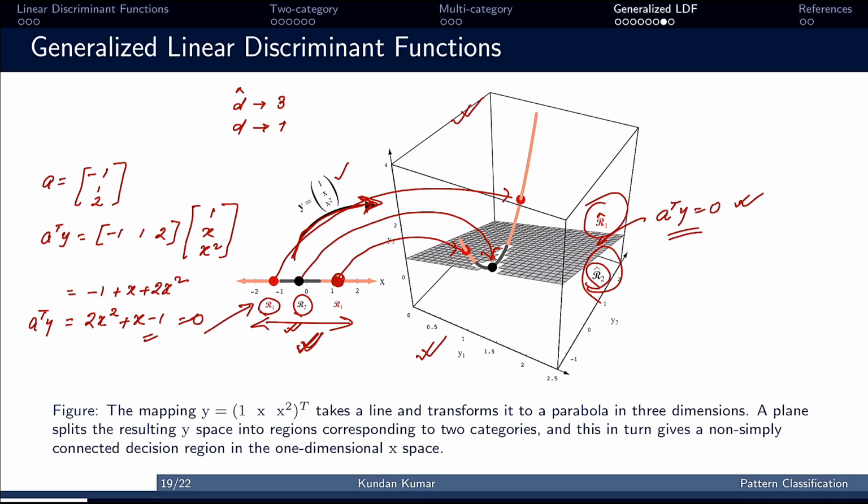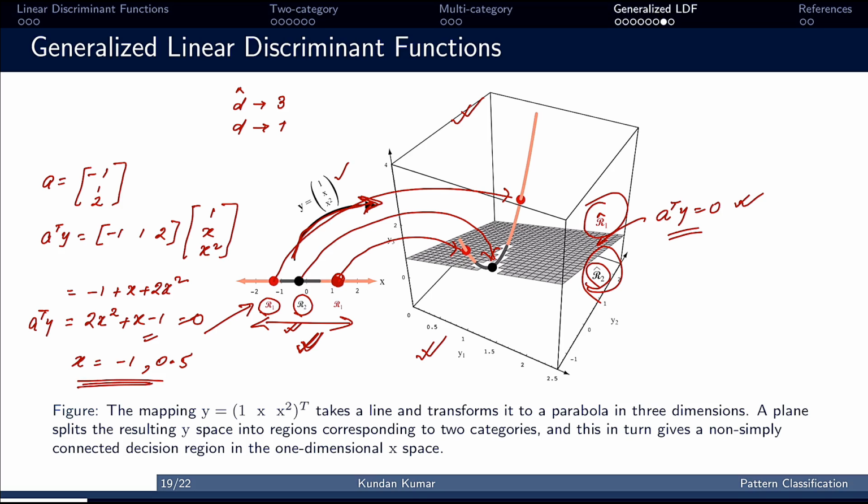So, we will have two solutions, okay, one solution will be -1 and the other solution will be 0.5. Okay. So, here we have the two solutions for this x.